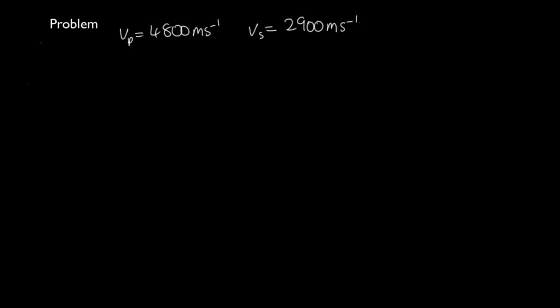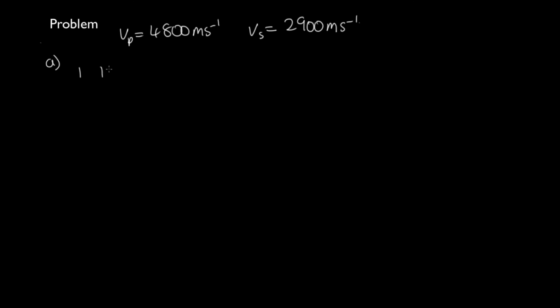In part A, we're told that P waves are longitudinal waves, and we're asked to use a diagram to explain what a longitudinal wave is. Okay, so let's draw what happens to particles as a longitudinal wave passes.